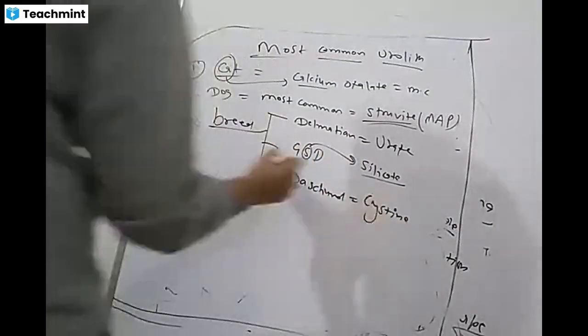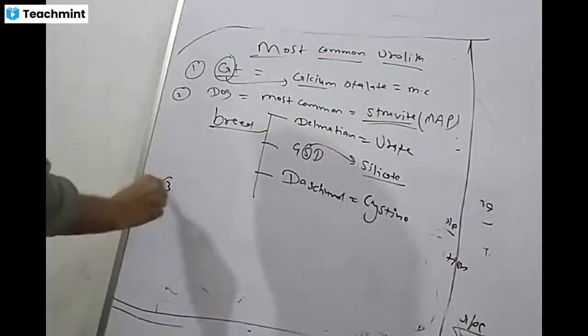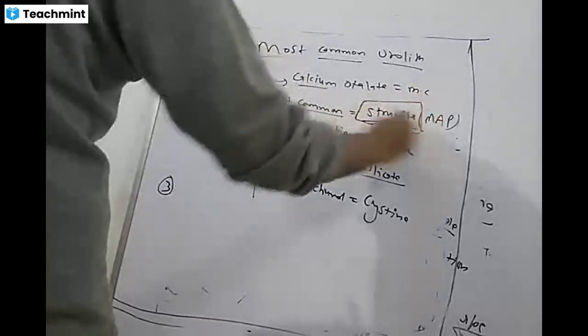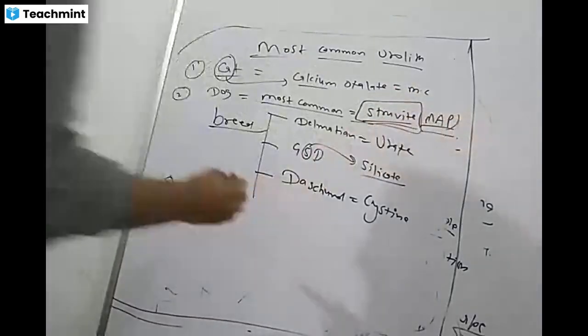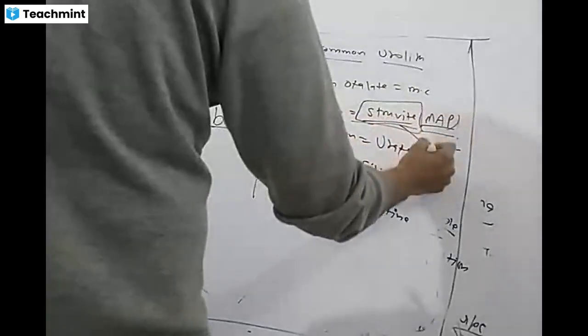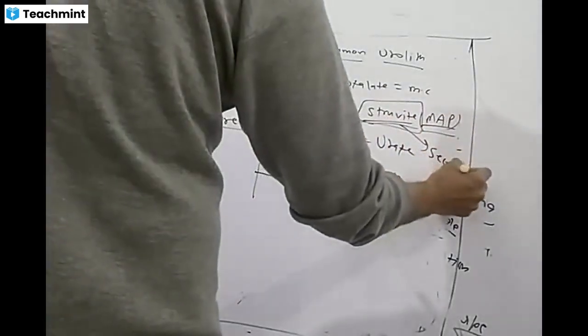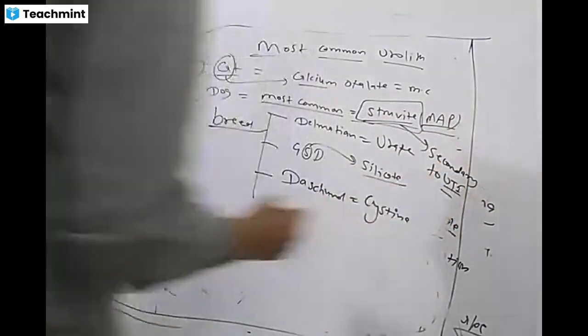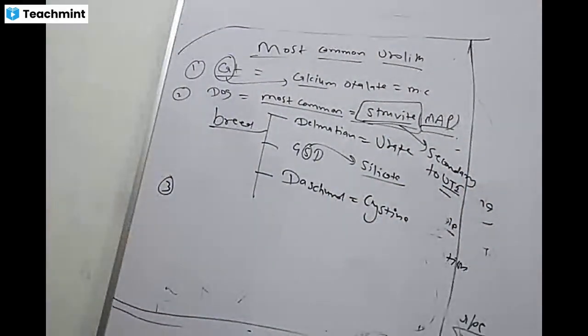So these are some breeds, but overall dog has the most common struvite, that is MAP, and these struvites are always secondary to UTI, urinary tract infection, because of staphylococcus, proteus or other organisms.